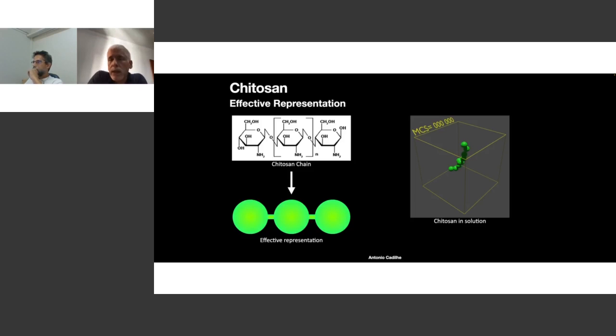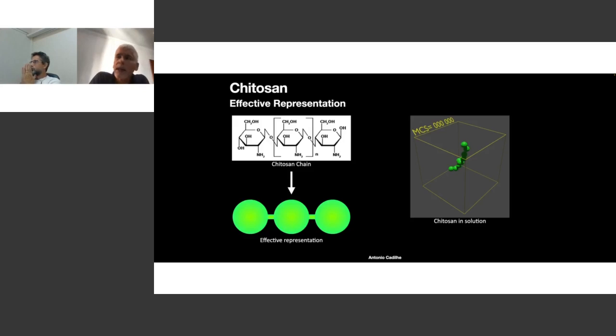It's a very complex molecule, and it would be impossible to do extended simulations if we were not reducing the degrees of freedom in some way, and at the end coming up with a more effective representation.